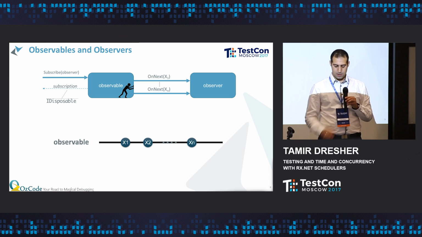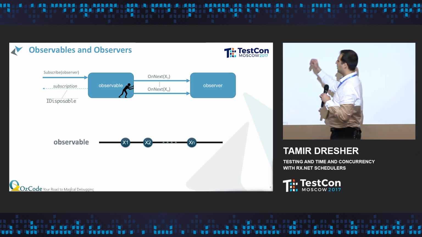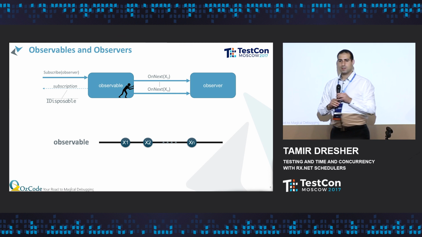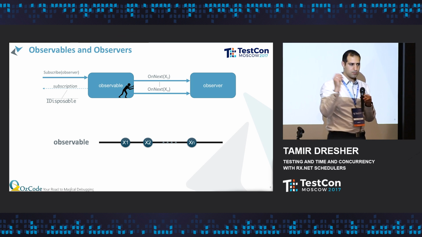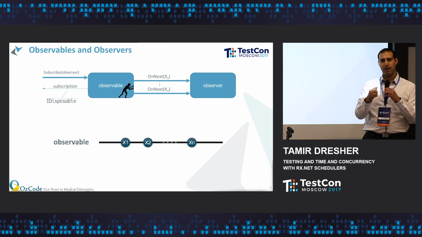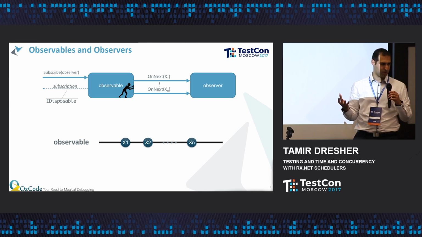Once that happened, we'll get back some object, which we call the subscription, and it implements the interface IDisposable, meaning that at any moment in time I can dispose this subscription and thus disconnect this relationship between the observable and the observer.